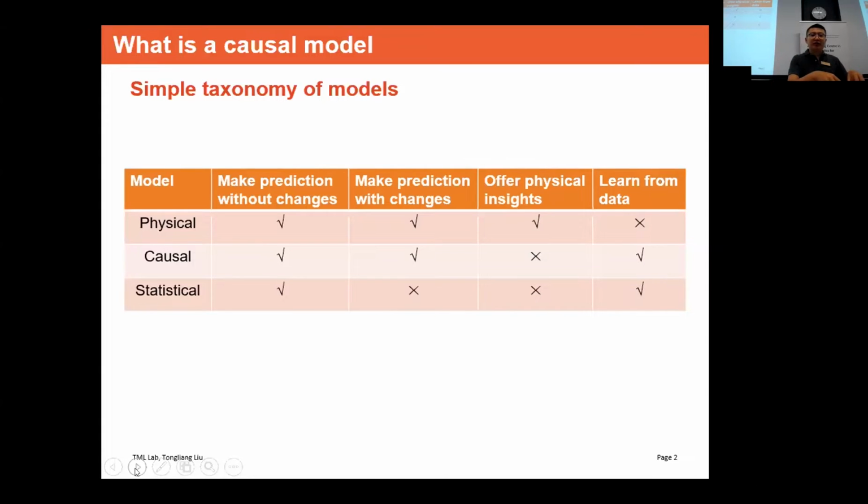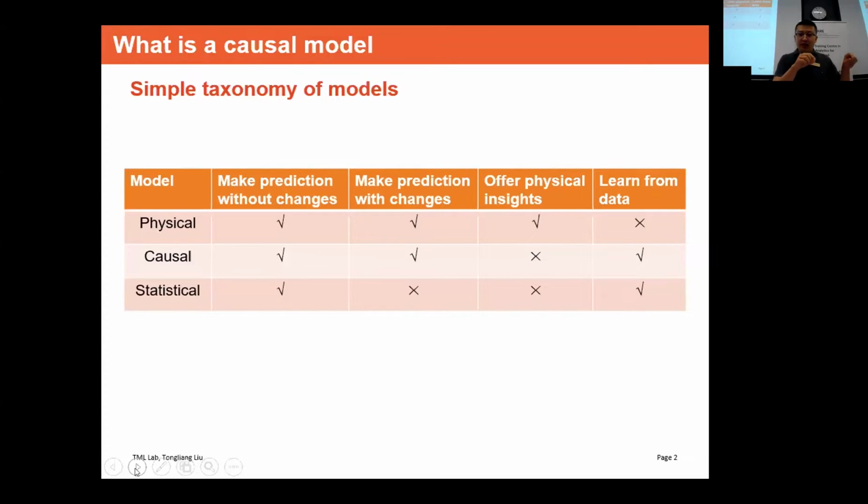In the middle, I would like to introduce the causal model. A causal model describes the causal relationships among the components in the system. It is less complex than a physical model, but it brings more information than the statistical model. If we put some intervention into the system, by using the causal model, we can still make predictions.